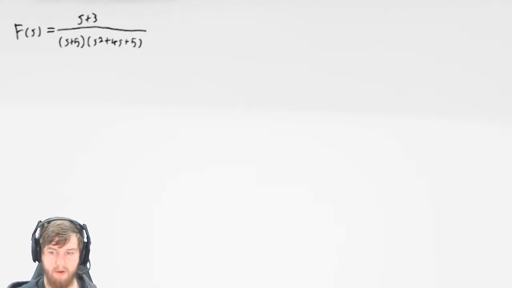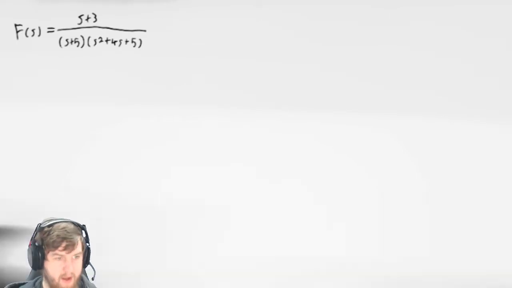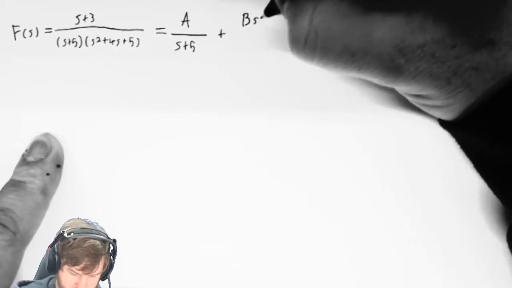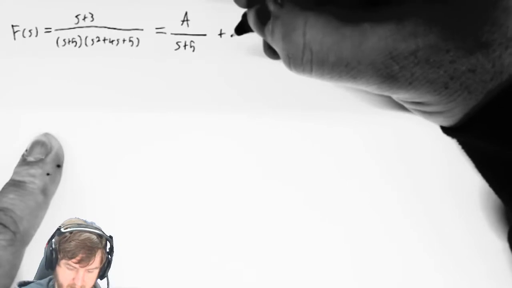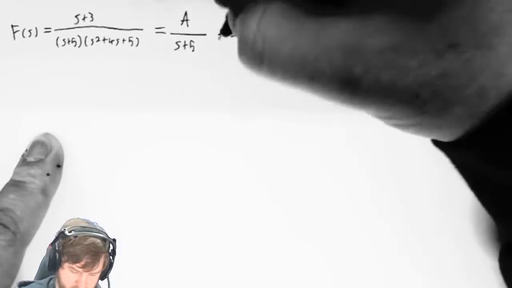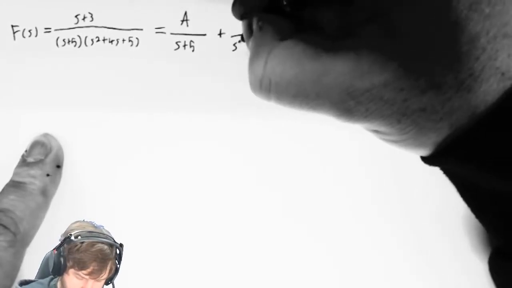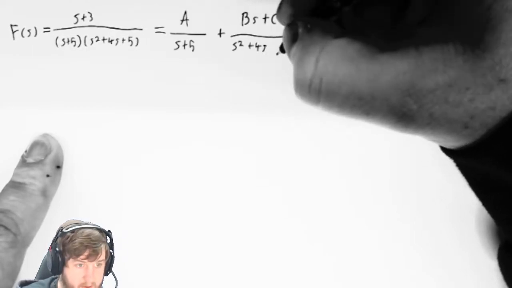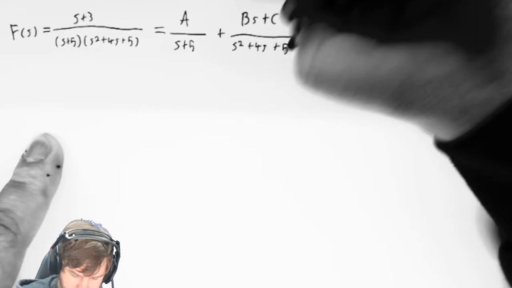So I'm going to write it out like this. A over (s + 5) plus (Bs + C) over (s squared + 4s + 5).